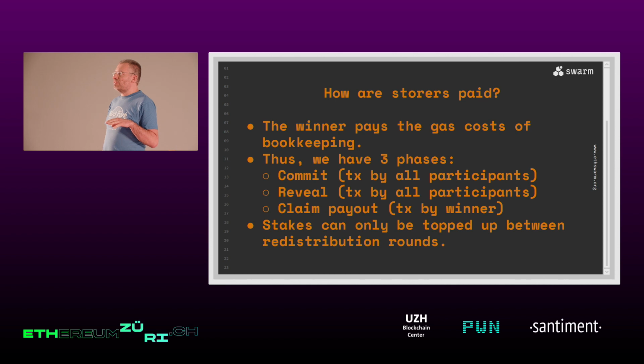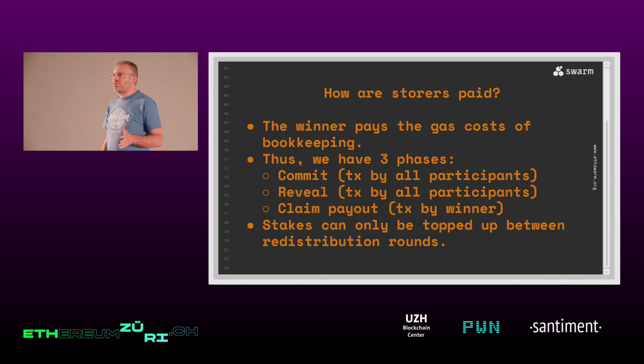The smart contract is structured in such a way that the winner is the one who executes most of the housekeeping and therefore pays the gas price for it. So of these three kinds of transactions that are submitted by participants, the claim payout transaction is by far the most expensive, and the commit and reveal transactions are actually cheap.